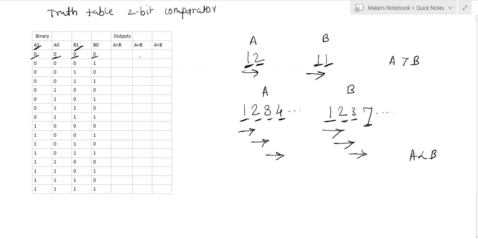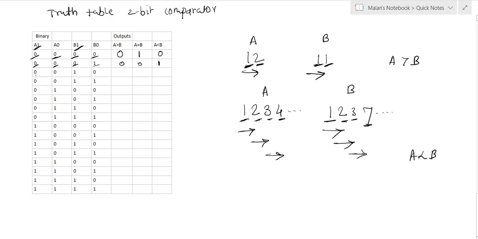So the outputs generated here, A equal to B, A greater than B and A less than B, are 0, 0. Now the comparison for A1 and B1 for the next number. A1 is equal to B1, so the comparison is shifted to the next bits. Now A0 is 0, B0 is 1. Now B is greater. So the output generated is A less than B, and the remaining are 0, 0.